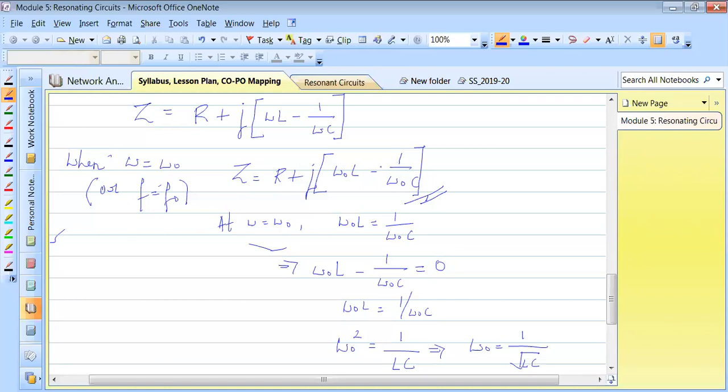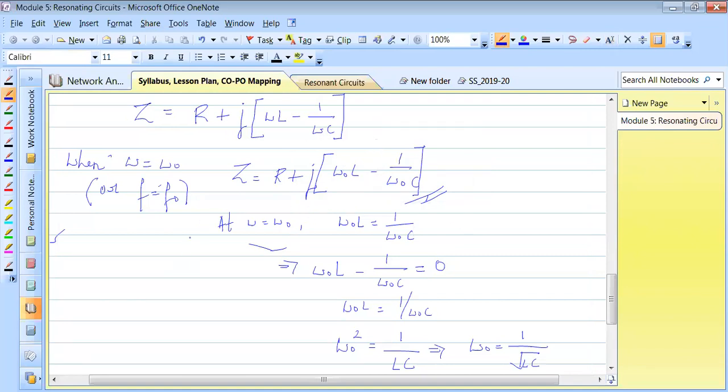Now there is another way of making a statement. When the circuit is resonating, what is another condition? One condition is that the capacitive reactance is equal to inductive reactance. What is another statement that we can make from this particular equation? Anybody? Do you want to try for that?